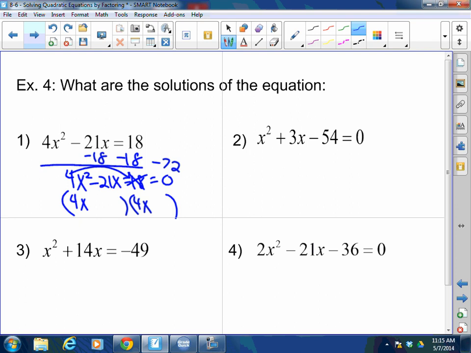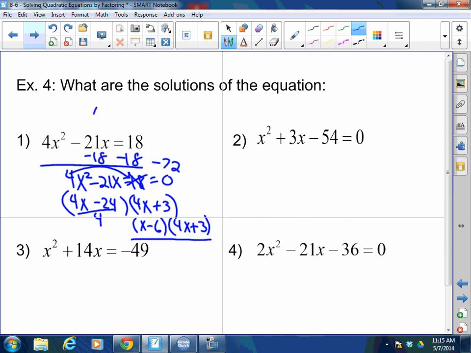Guys, got to work on this. It's going to be negative 24 and positive 3. Artificial factor of 4. So x minus 6 times 4x plus 3 is what I'm left with.